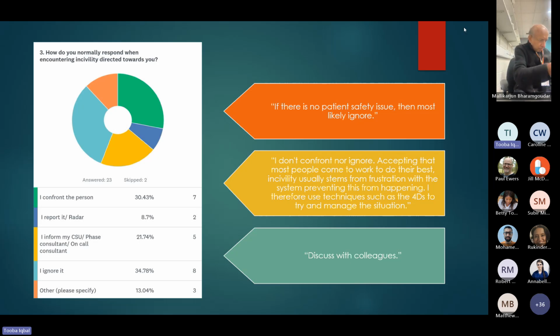One interesting response was from a person who doesn't confront or ignore it. They look at the situation, at how it affects the staff members and the patient, and they try to use the 4D technique to manage it. Now, I will give just a brief idea of what the 4D is. It's a bystander intervention technique, and Dr. Walker will later elaborate on it.